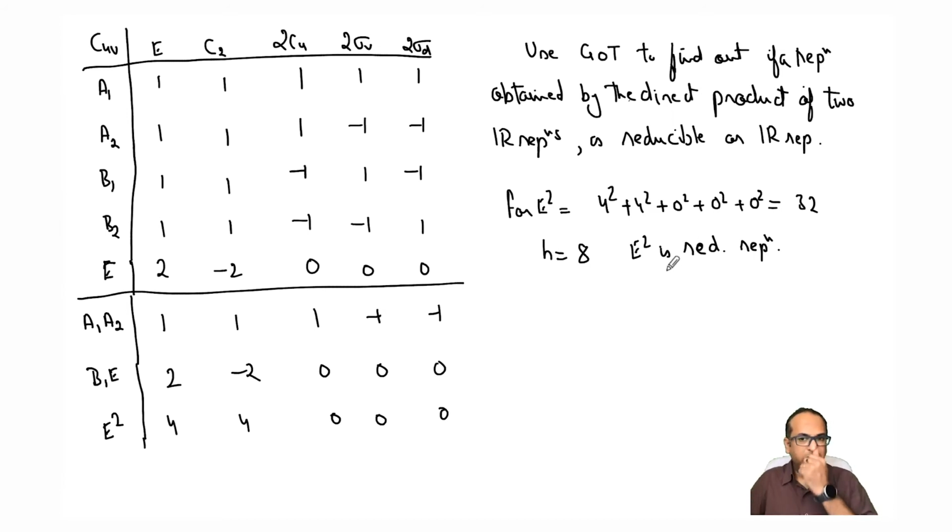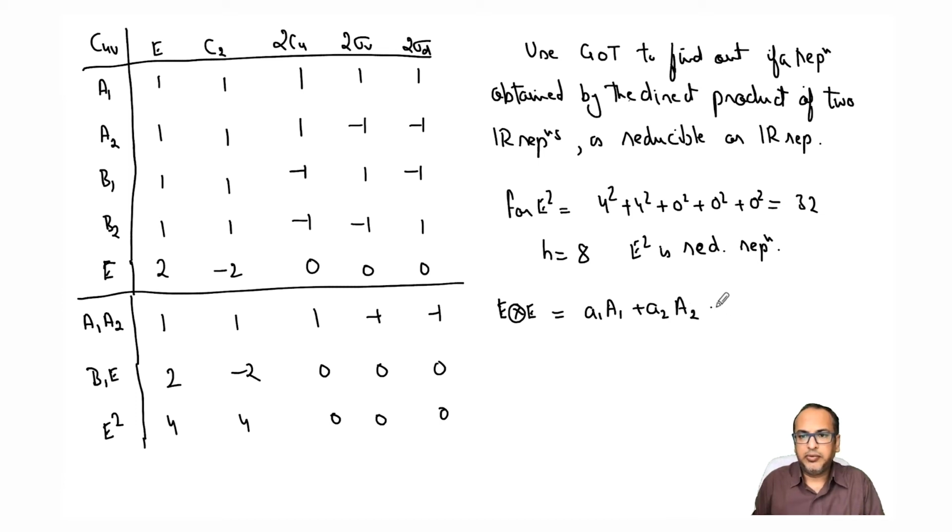Okay, so now how do we find out the components that constitute E square? We can do that also. So E cross E is equal to A1, A1, A2, A2, A3, B1, A4, B2, and A5, E, right?